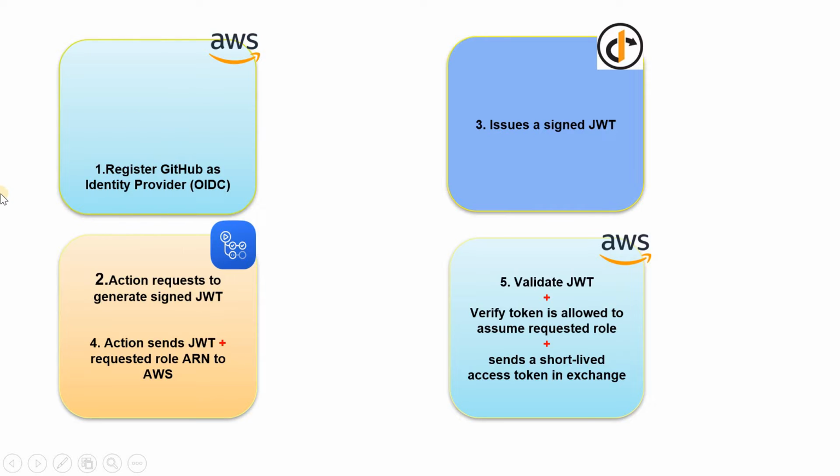Here we need to register GitHub as an identity provider, of kind OpenID Connect. That's the first step, where we create the IAM role and the OpenID Connect (OIDC) provider data.